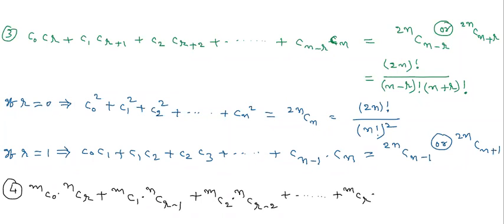MCR into NC0. Here observe that the base should be suffix value. See that 0 R, 1 R minus 1, 2 R minus 2 and so on. Finally, R 0. The suffix sum is only R. So in this case, this is a shortcut formula, M plus N CR. This is one statement.